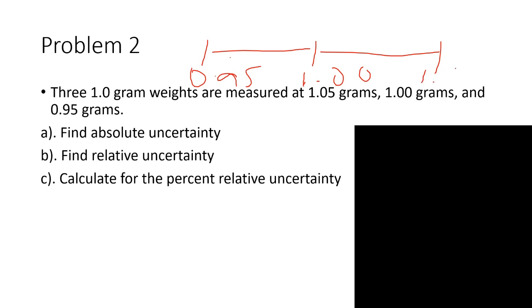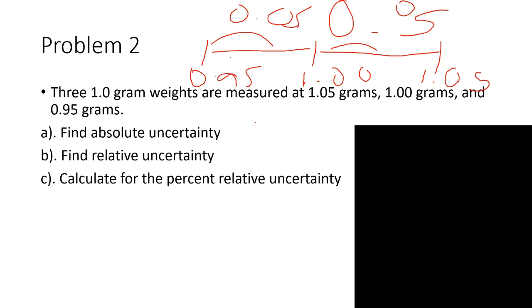The absolute uncertainty tells you the margin of error between all three of these values. You can see the distance between these is 0.05, and the same thing right here, 0.05 as well. Therefore, your absolute uncertainty, which is your margin of error for all three values, is 0.05.